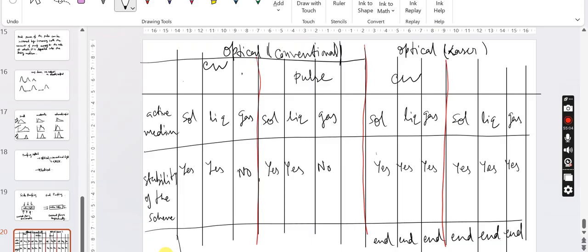But when conventional optical sources have been used, side pumping is given.